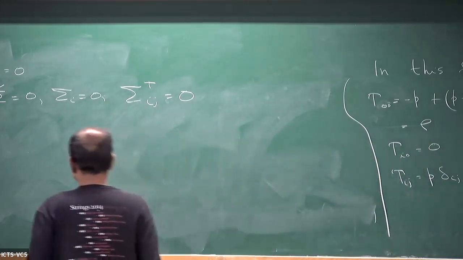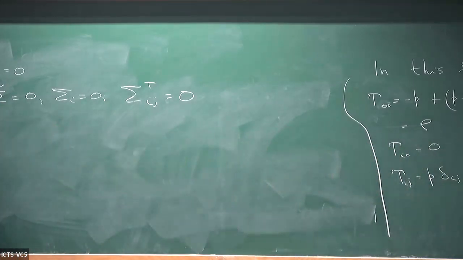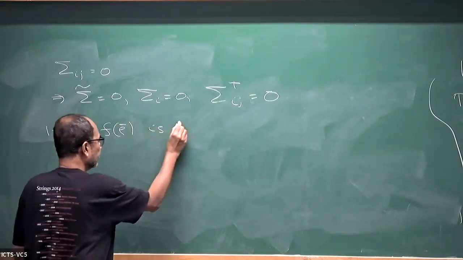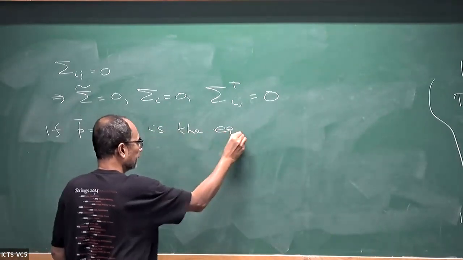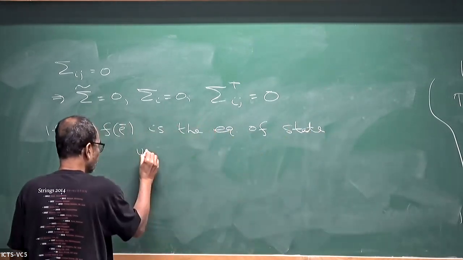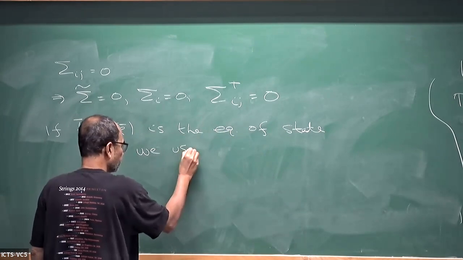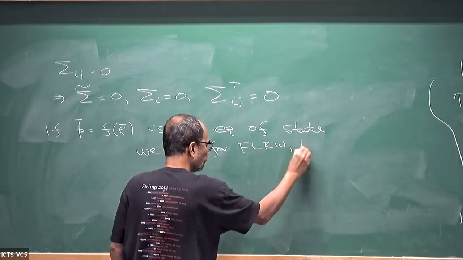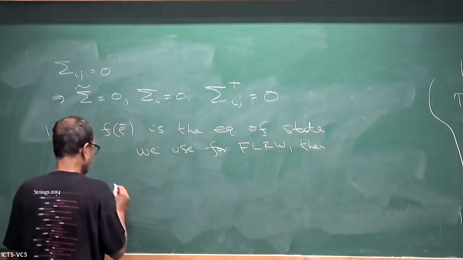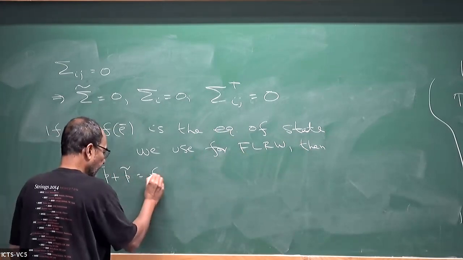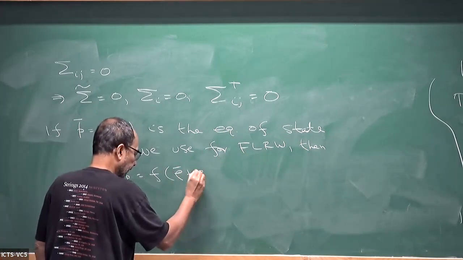And that postulate we take is the following: if P equal to F of rho is the equation of state we use for FLRW, then P bar plus P tilde is equal to F of rho bar plus rho tilde.